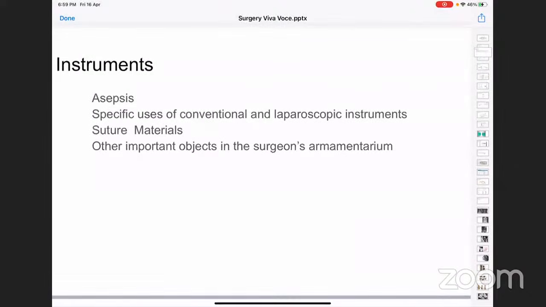And you have to know the specific uses of the instruments that you are using. In addition to the instruments, we will also have to know a little bit about the suture materials that are a part of our armamentarium, and a few other important objects that we encounter in the wards. So shall we proceed?